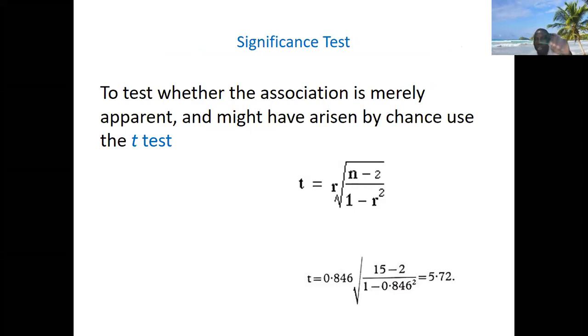If you want to test for significance, to tell whether the association might be due to chance, t is equal to r times the square root of n minus 2, over 1 minus r squared. All you need is n, the sample size, which in this case is 15, and the correlation you have gotten, which is 0.846. It will give you 5.72.